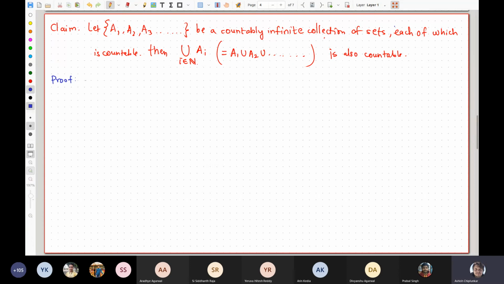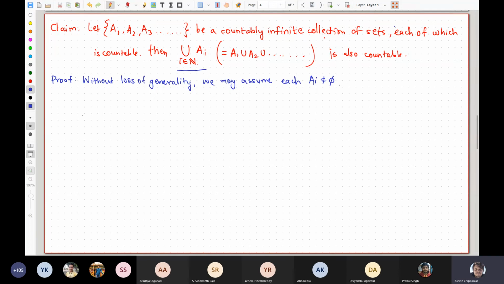Without loss of generality, we may assume each A_i is a non-empty set. If some A_i are empty sets, you can just remove them from your collection. That is going to create a smaller collection, so it's still going to be a countable collection. And moreover, it is not going to change this union.